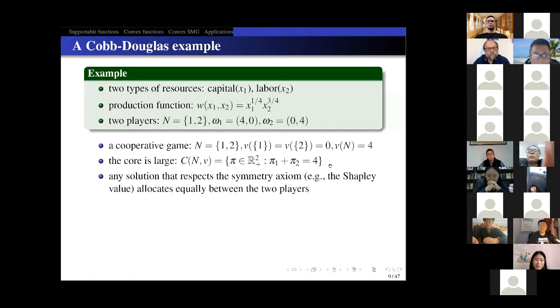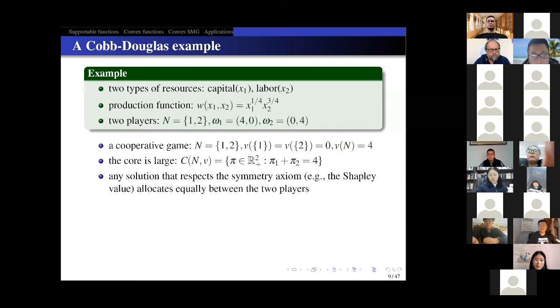It's trivial that the core is fairly large. Almost any allocation is in the core, so long as no one gets a negative profit.